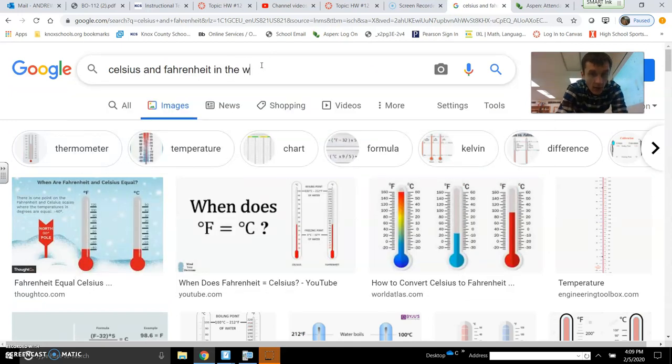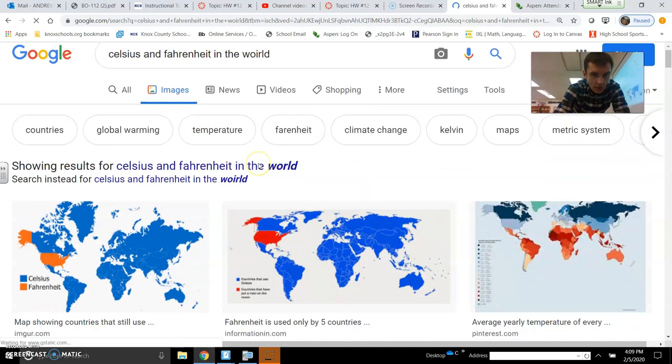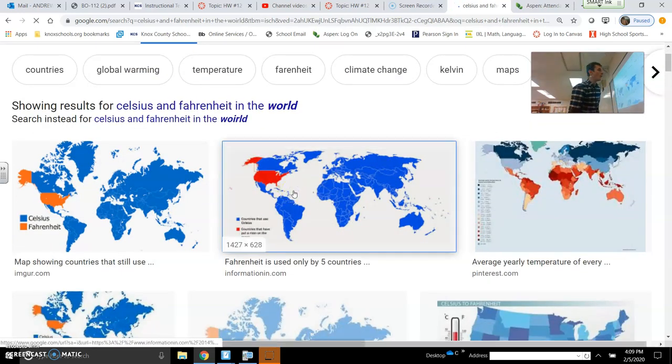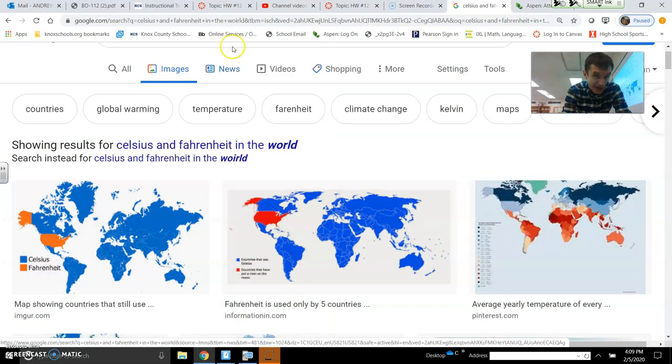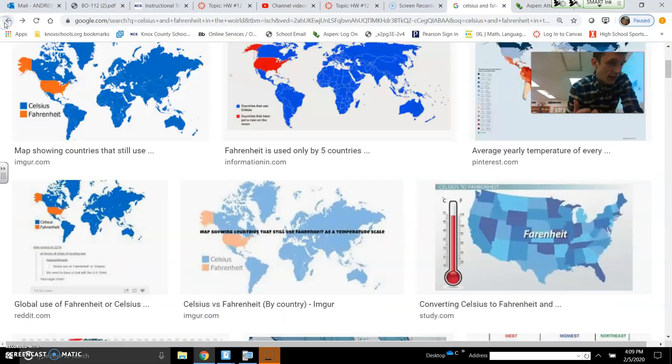So let's see, I'm just going to show you that a lot of countries use Celsius. For example, we are the only country, for the most part, that uses Fahrenheit. Most of the other countries in the world, if you travel there and you ask the temperature, you may be real surprised. It sounds like colder than you think it would be.